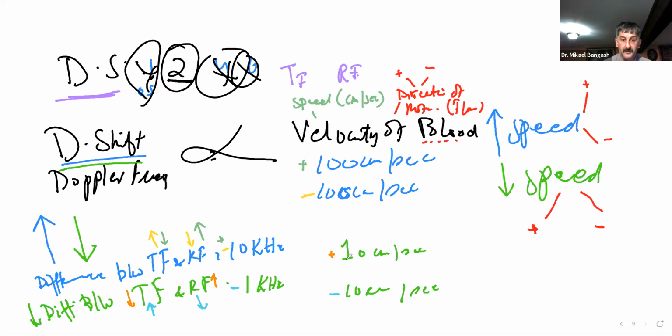But here it is moving slowly towards or away from the transducer, compared to up here, where it's moving fast towards or away. So the greater the speed of blood, the greater will be the Doppler shift. Positive and negative only come into effect because we talk about the direction.